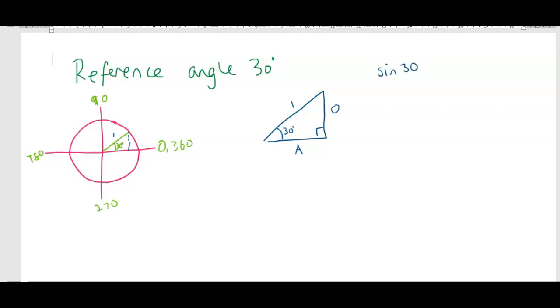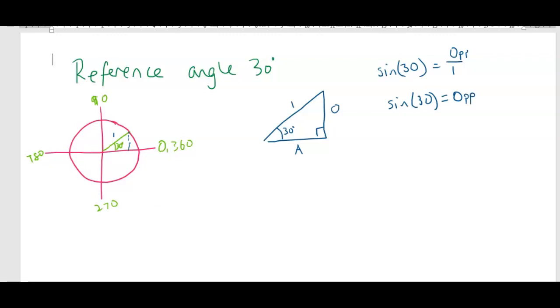So sine 30 degrees is equal to the opposite over hypotenuse, so opposite over 1. So we're just dividing by 1, so sine 30 is equal to your opposite side. I should write OP just so we don't get confused with the number 0.